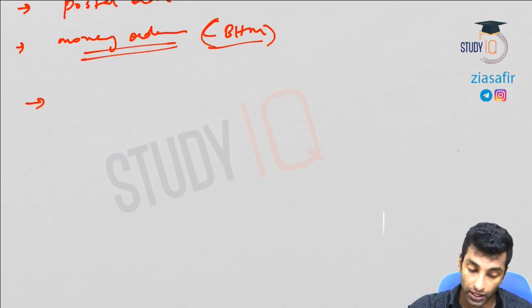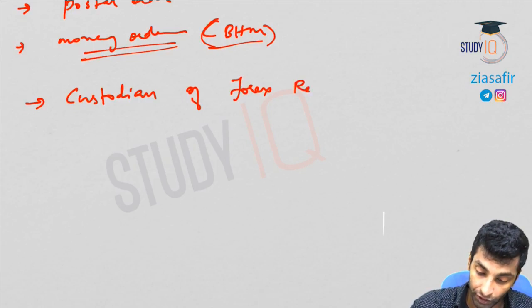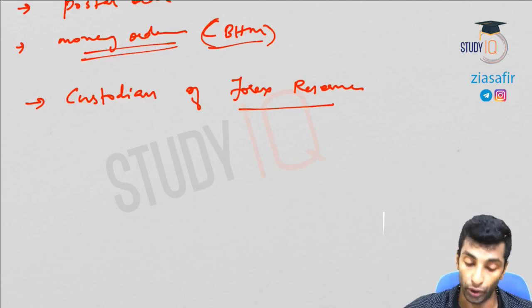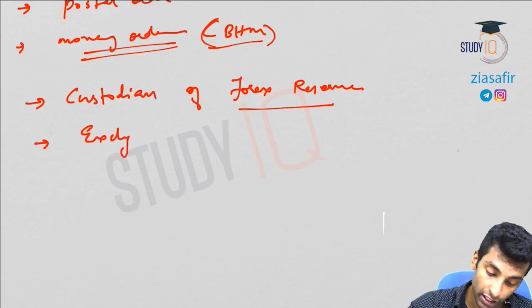The next important function is custodian of forex reserves. Only RBI and authorized agencies can deal with forex. Next, exchange control management.